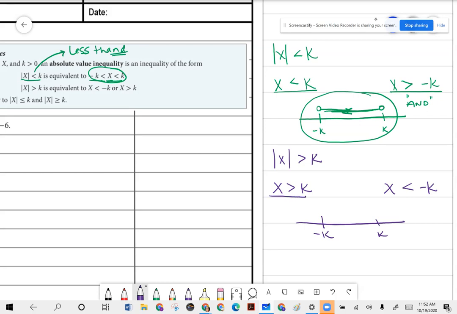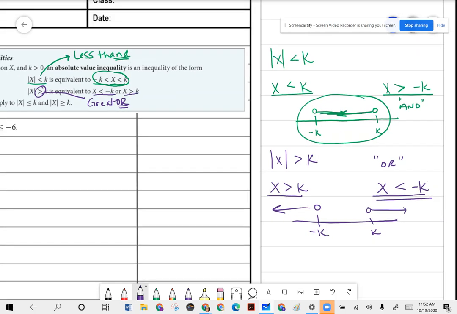X is larger than k, and this one says x is less than negative k. So this type of situation gives you more of an or type of graph. When you see a greater sign, you say greater, and that's a hint that it's going to be an or. It says x is less than negative k, or x is bigger than positive k.